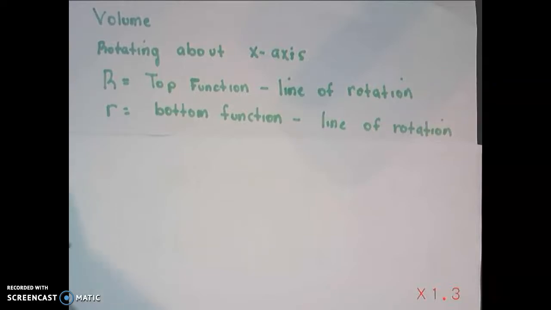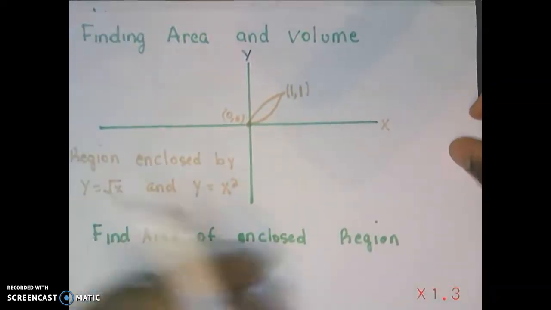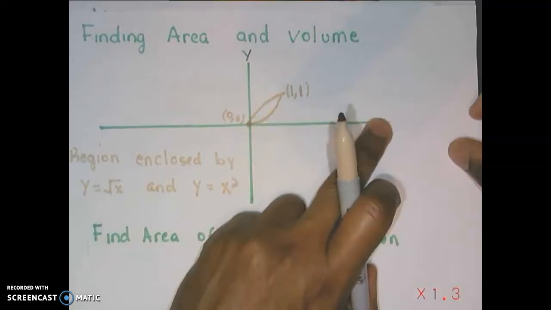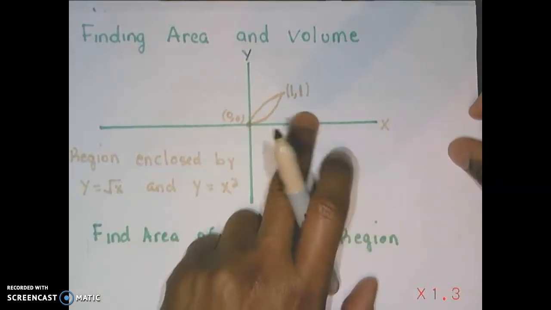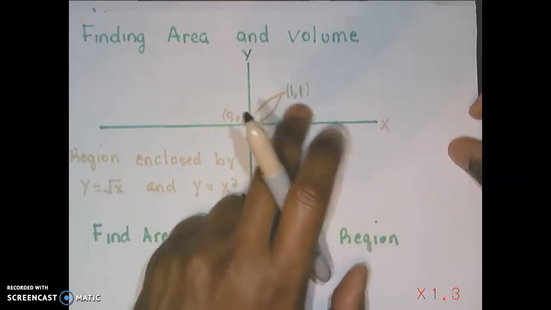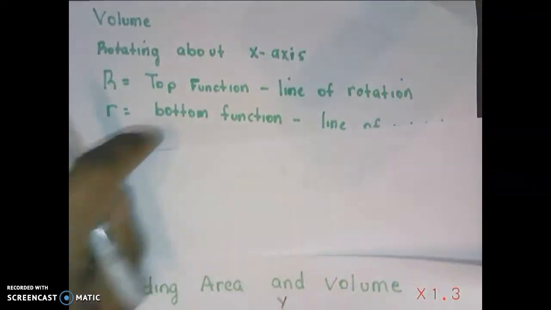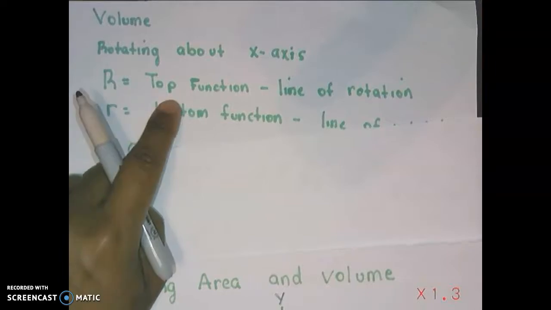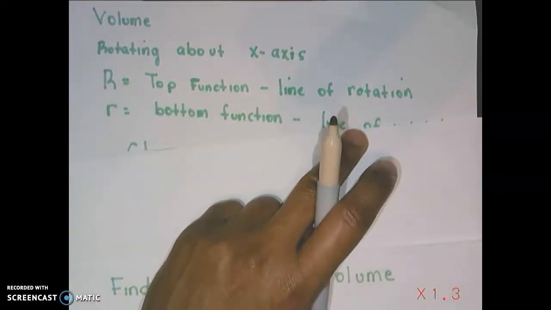So let's refer back to this picture here. You can see since we're rotating about the x-axis, the line of rotation is actually below the graph. So that's where this comes in play, where your capital R is your top function minus the line of rotation.